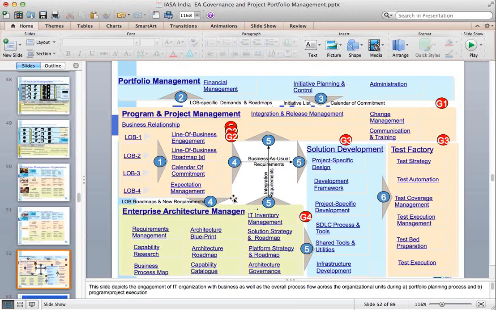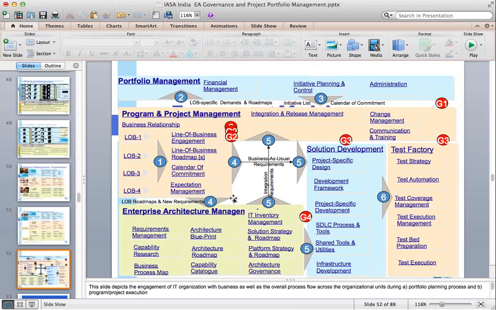So if you are looking at business as usual and the requirements and integration requirements cutting across these different lines, we have specifically the lines of business trying to help us in terms of the roadmaps and calendars of commitment, what they expect and anticipate based on their business plans. The financial management helps us out in that as well. The initiative planning and control provides the initiative list and the calendar of commitments.